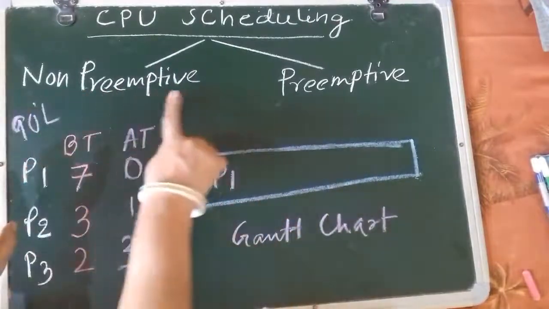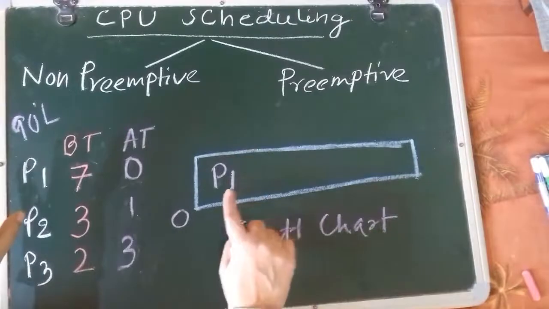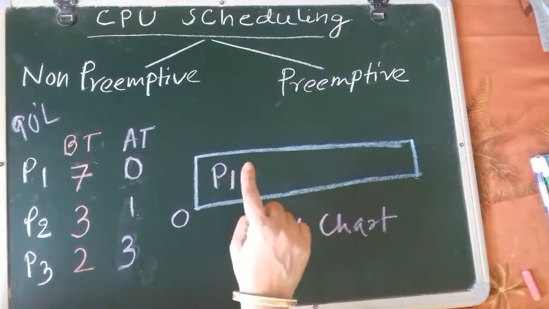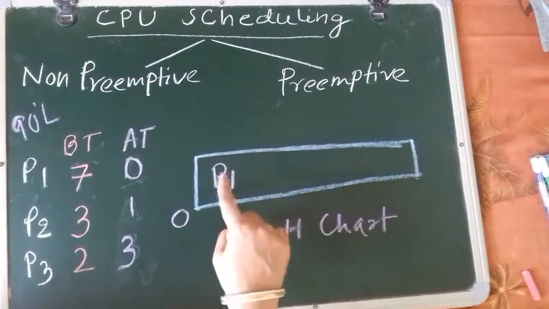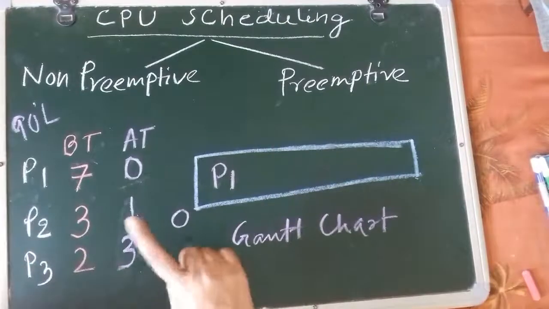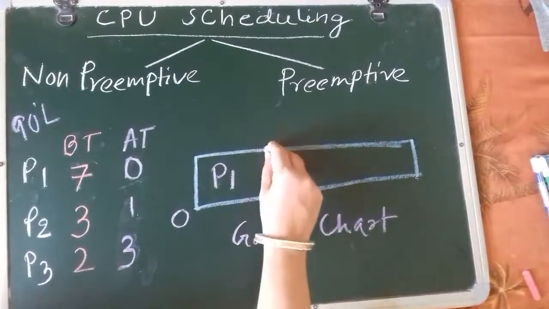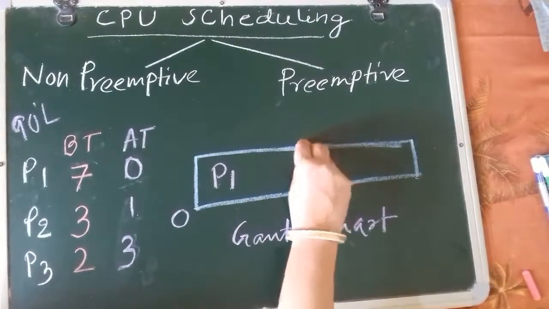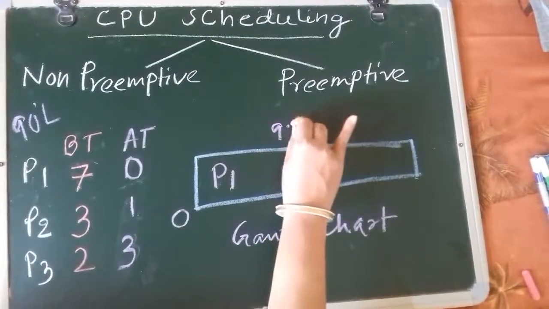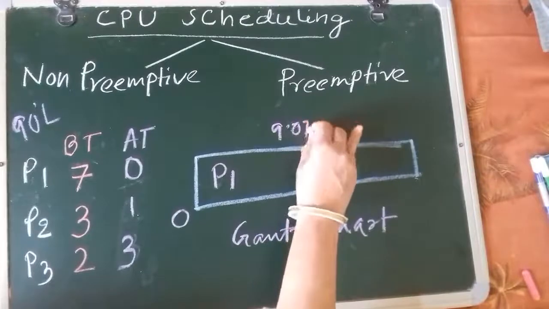If it is non-preemptive, please listen carefully. A non-preemptive algorithm means once the CPU is given to a process, it cannot be taken away from the process until it is executed. What is the burst time for P1? 7. So after 7 instances of time, according to the watch, it will be 9:07.